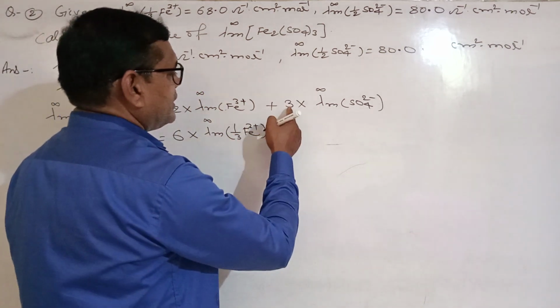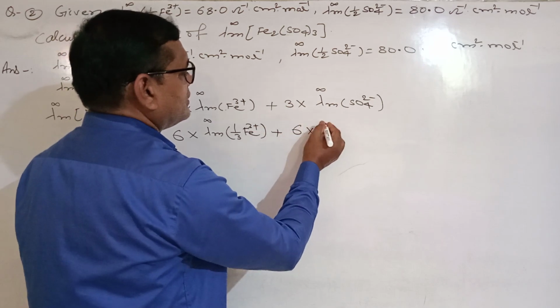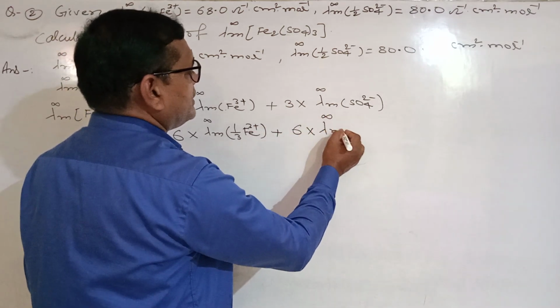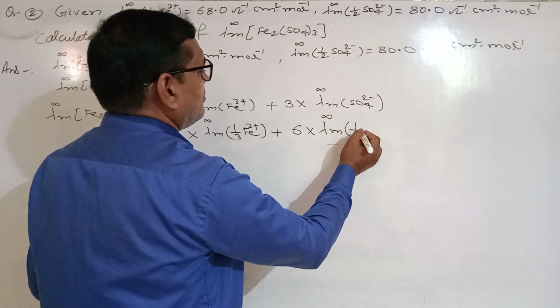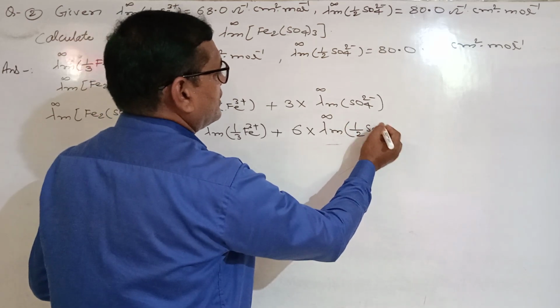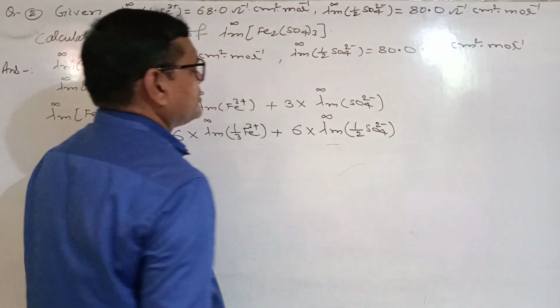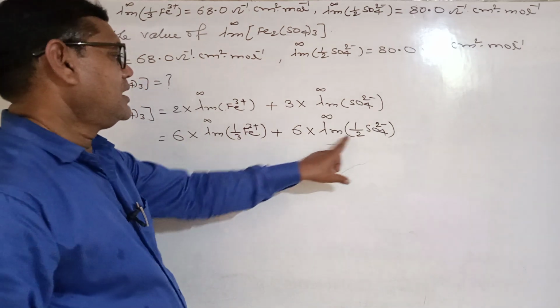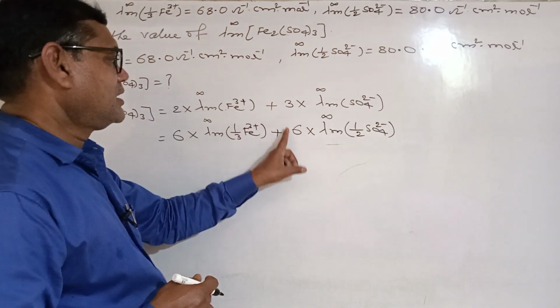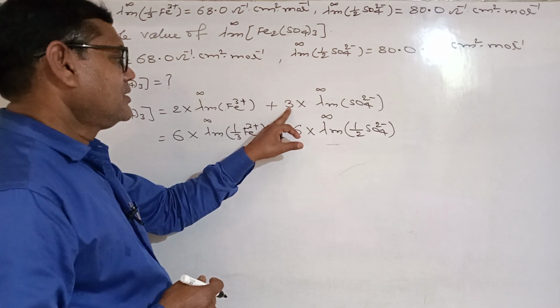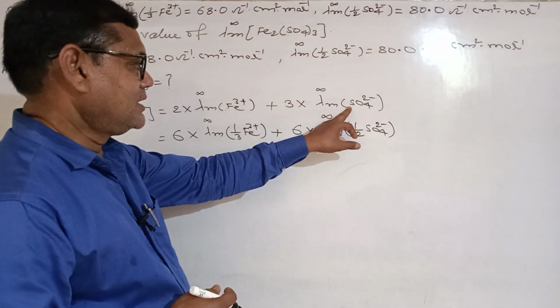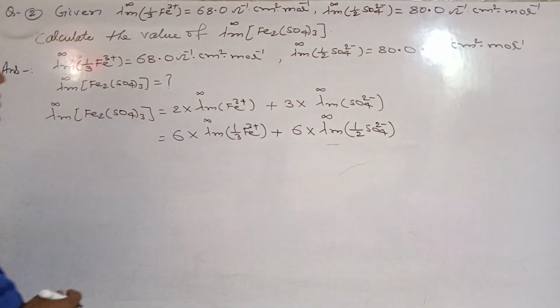Now we write 6 into lambda infinity m of 1 by 2 sulfate ion. 2 and 6 cut out by 3, and the rest is 3, the same as sulfate ion.